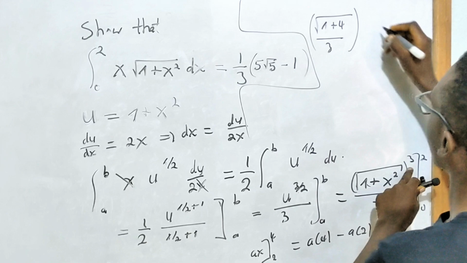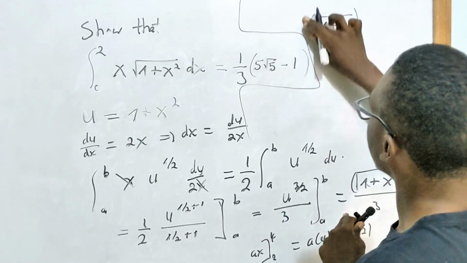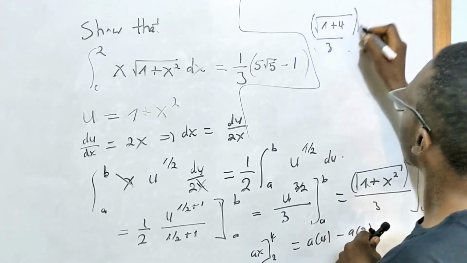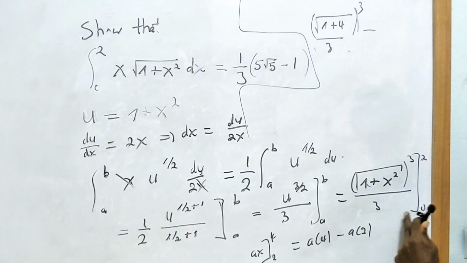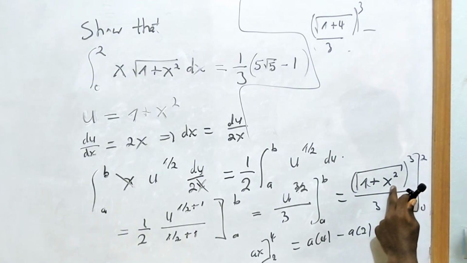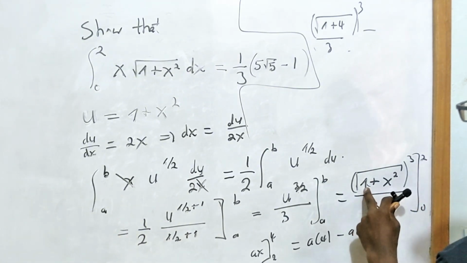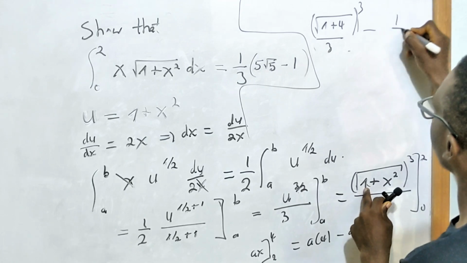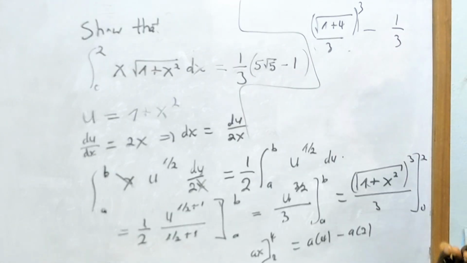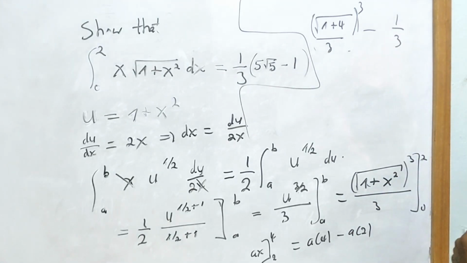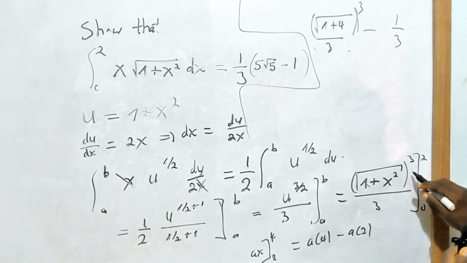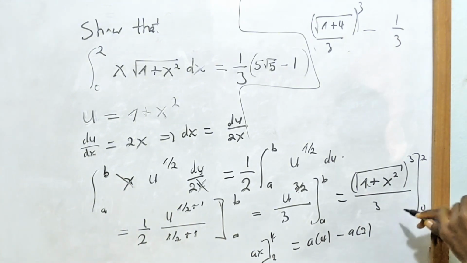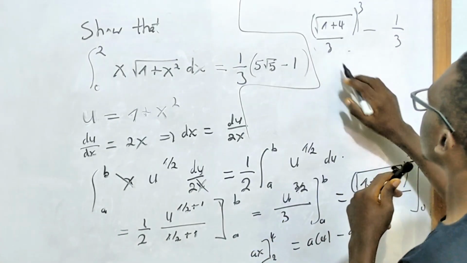Minus the value at 0: 0 squared is 0, here you have 1, and 1 cubed is 1, so 1 over 3. Hope you understand what's happening. We have 1 over 3.